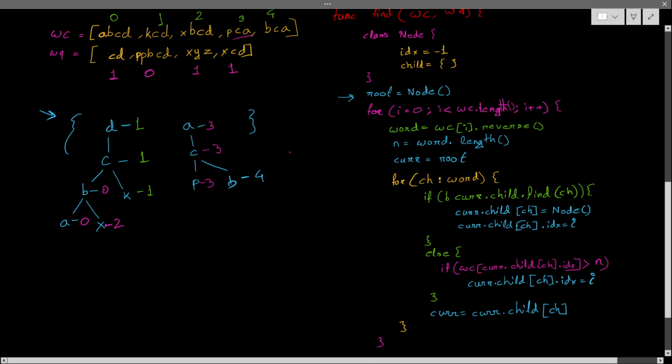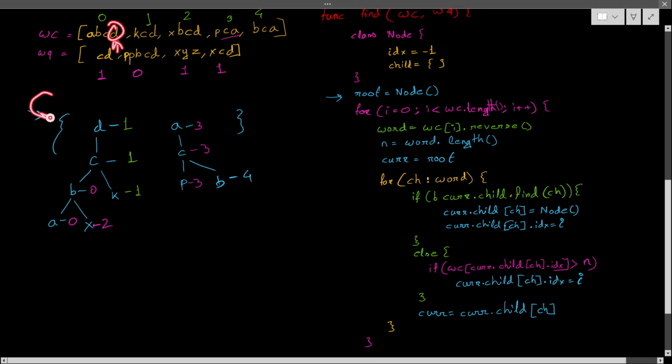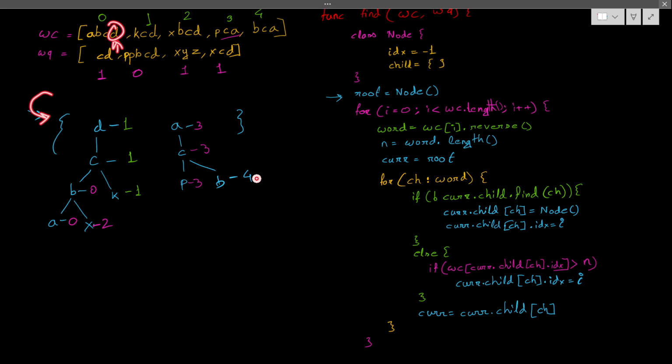Why is it needed? See here, right now first I point to D. I am checking whether D is present here or not. D is not present, that's why I created it in the outer case. Outer is also a node, so in the outer case I am creating a child, that is D. Now D is also one node, a node class data type. D is done, whatever assignment I am doing is done.